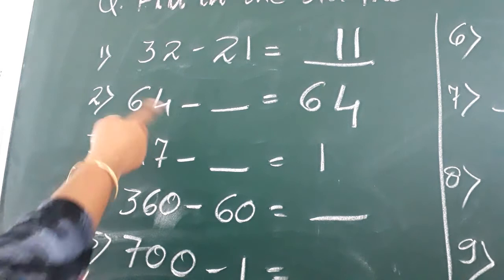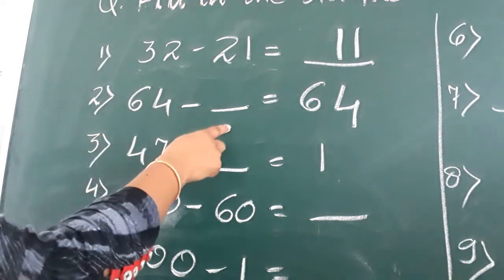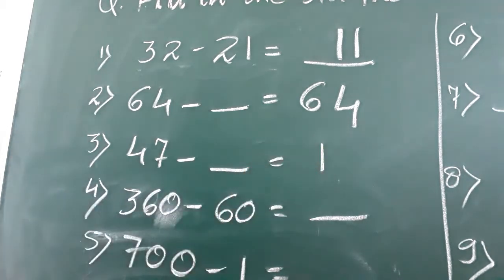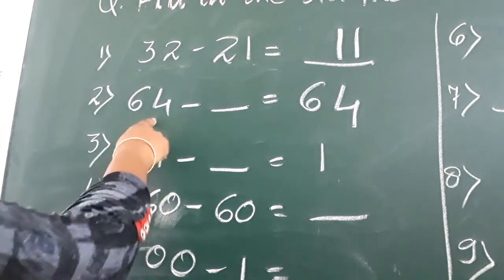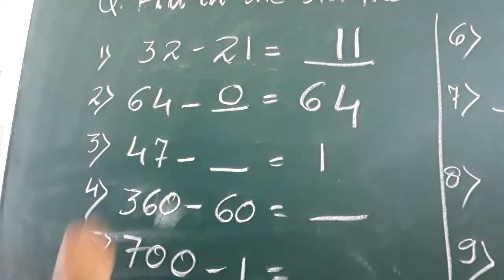Okay. Now coming to the next question, the second question is 64 minus which number? You get 64. Now as you know, when 0 is subtracted from any number, you get the same number. So here both the numbers are the same. That means here the answer is 0.